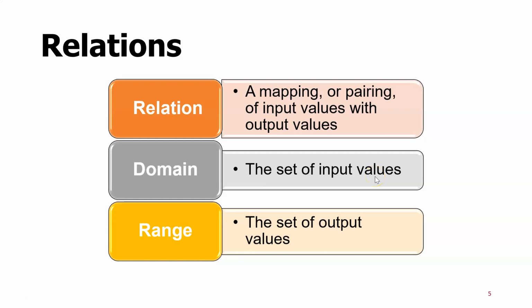Anything that you input, the starting values, will be your domain, and the range will be the set of output values, hasil dia. So when you have domain, you map into the range. Okay, so you have these two for relations, input and output.